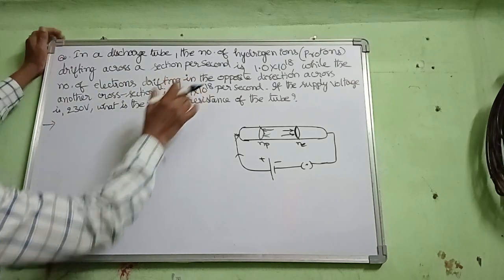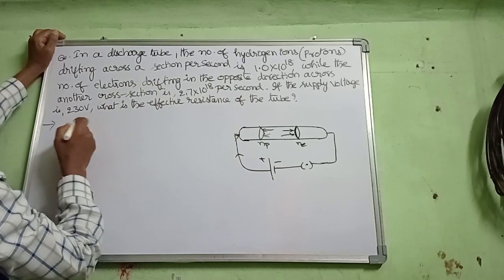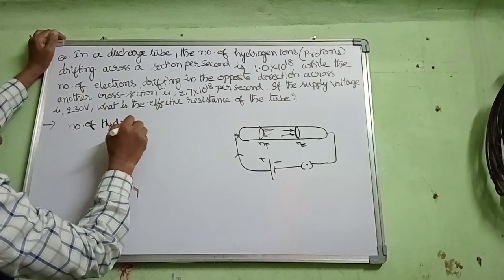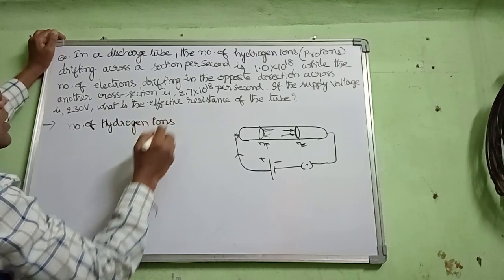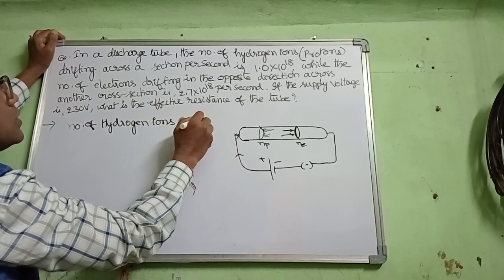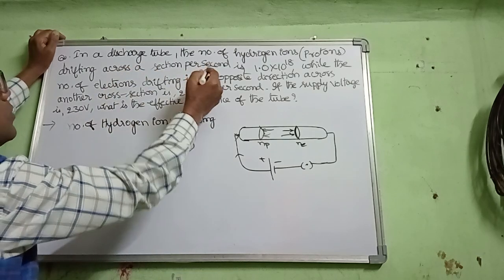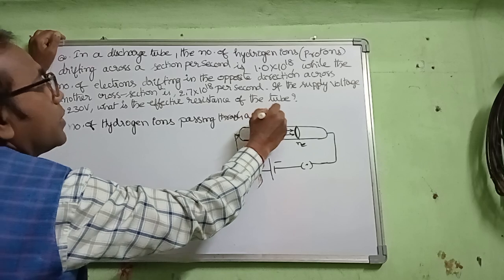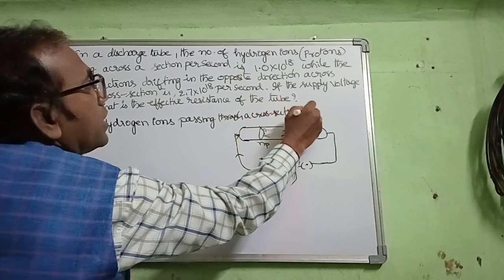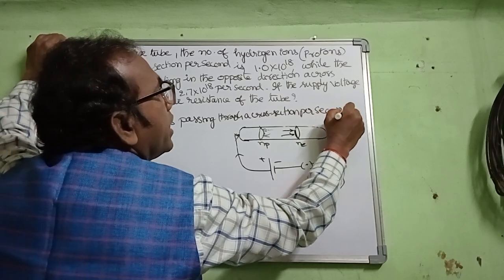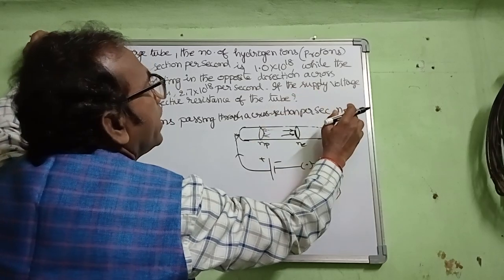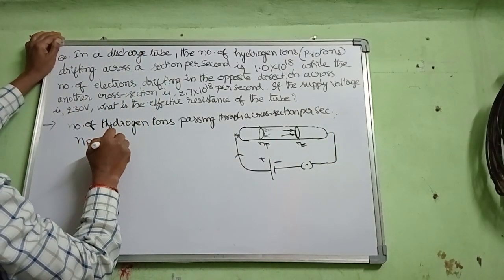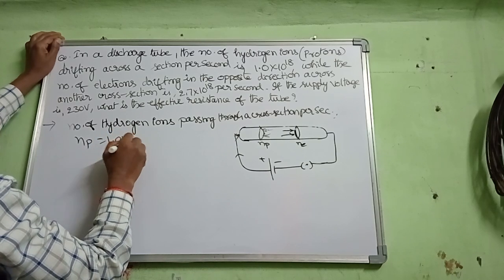First of all, write the given data. The number of hydrogen ions passing through a cross section per second, let it be Np, equals 1.0 into 10 power 18.